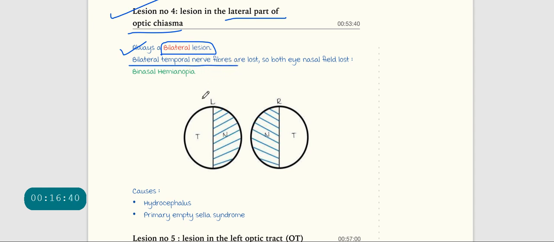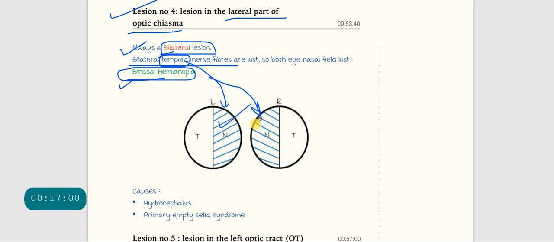Very easy. This is known as binasal hemianopia. Binasal because both the nasal visions are affected. Hemi denotes the same part, so the nasal part has been affected.